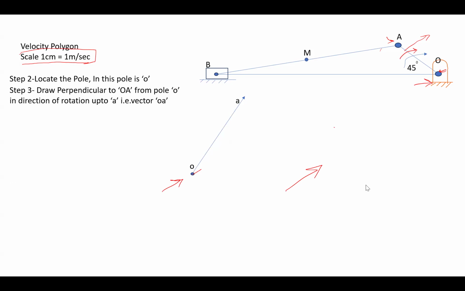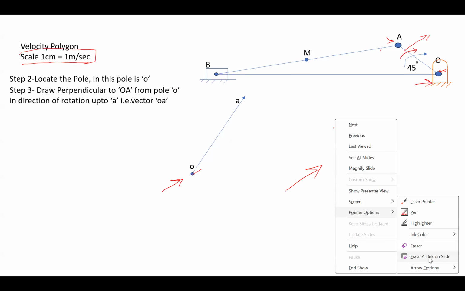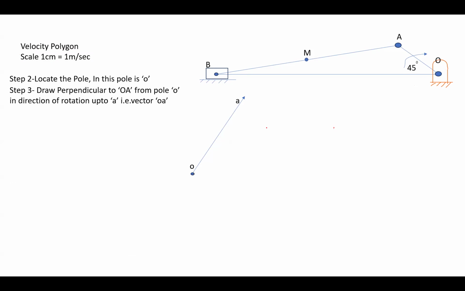So this is the velocity vector for the OA link. Of what length? The length of it is 4.71 by using the velocity polygon scale.